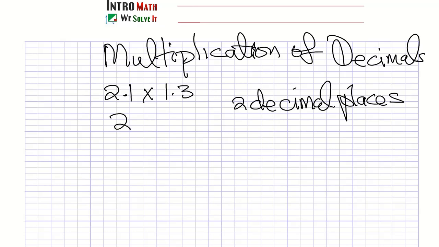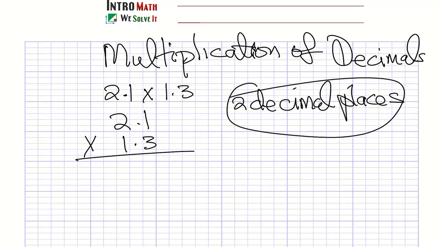So line this up. 2.1 times 1.3. Okay, so you just act like there's no decimal there. Then when you do, I will explain this to you. Okay, 3 times 1 is 3. 3 times 2 is 6.